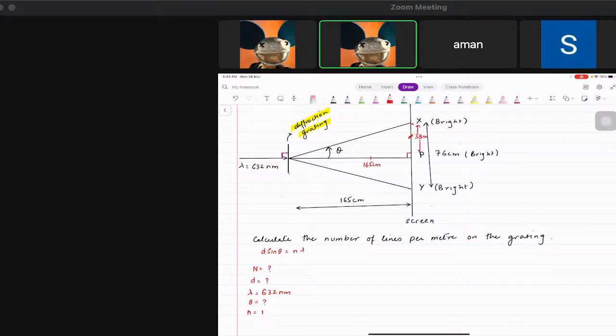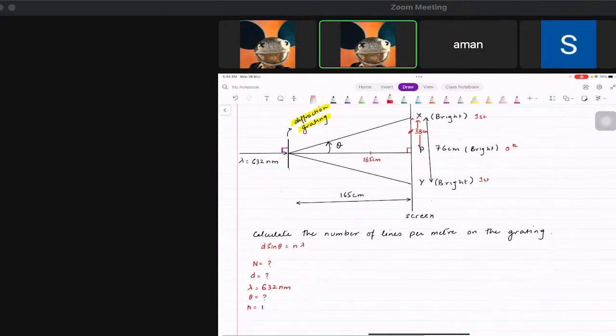So this is the 0th order, which means this is the first one, this is the first one. Let's use a little bit of trigonometry. You can use tan theta equals perpendicular, which is 38, divided by the base, which is 165. So the theta should come out as 13 degrees on your calculator.